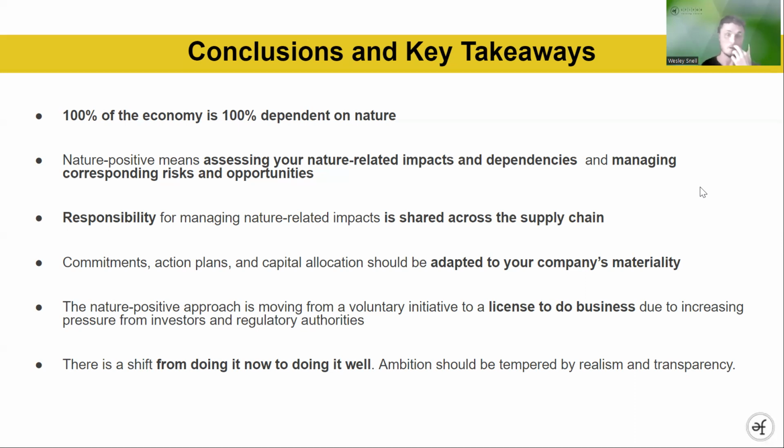Like I said, no two companies' commitments and targets are going to look the same, because it really depends. Which things should you address first? Is it water consumption, pollutant loading, land use change? That depends on your sector, and it also depends on what you've already done to address these impacts.